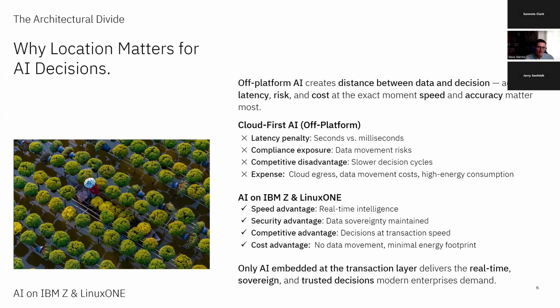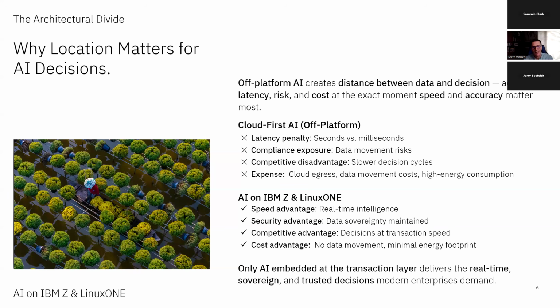So on Z, all these things are solved for these high-volume transactions with very low latency, a very high level of security, and not making lots of copies. I can do it within the scope of a transaction, within a batch window, in a very fast way, with the cost advantage of not having to move data and having a minimal energy footprint.